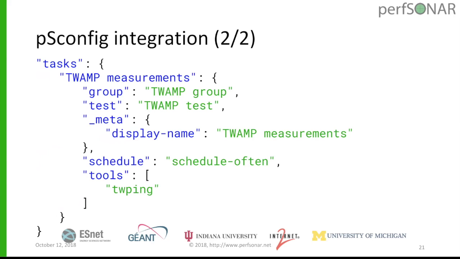And the important bit here is that I have to specify with which tool I want to run the latency test, and this is with TWPing. So this should be really straightforward if you know the pSConfig template that exists in the last major version of perfSONAR since 4.1.